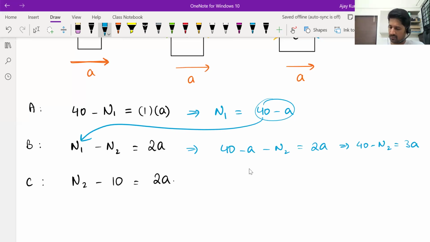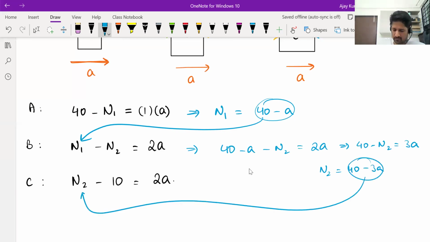Now take N2 from here. 40 minus N2 is 3A, so N2 becomes 40 minus 3A. Put that here. 40 minus 3A minus 10 is equal to 2A. So 30 is equal to 3 plus 2, 5A. You get acceleration as 30 by 5, 6 meters per second square. That's correct.